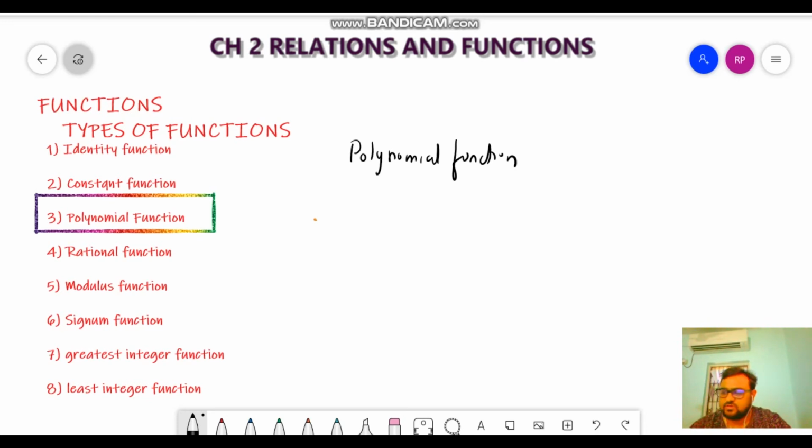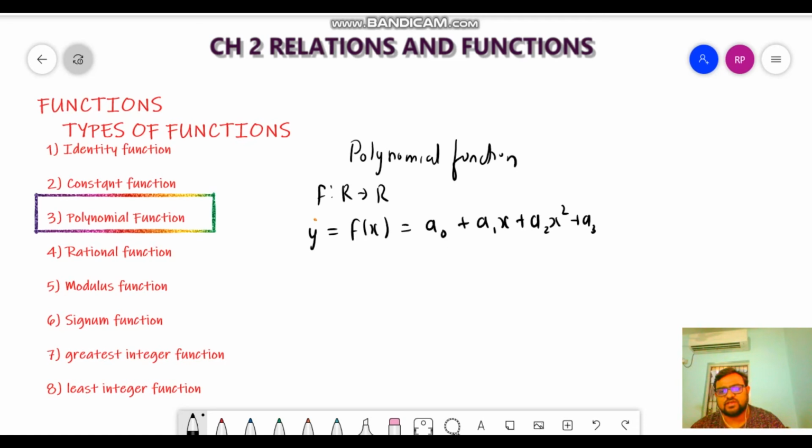Polynomial function, again we take a function from R to R. This will be like y equal to f(x). This will be in the form of a polynomial equation like a0 plus a1x plus a2x raised to 2 plus a3x cube up to an x raised to n, where n is a non-negative number.